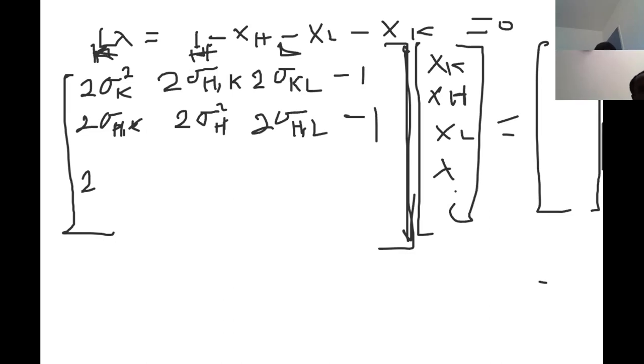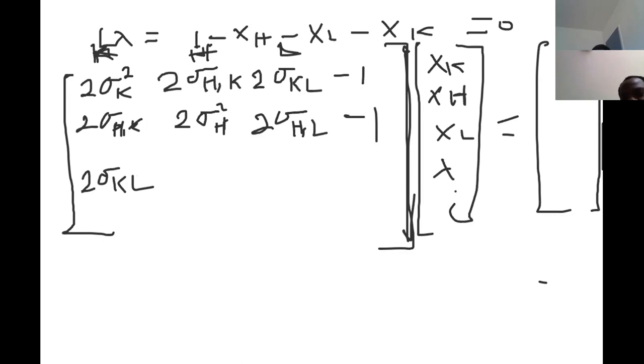Then this one becomes the second equation, which is that one also becomes 2. It's going to give me 2 covariance of H and K. The next one, I'm working the second equation. Okay, that's the second equation now. So it becomes 2 covariance of K and L, like this.